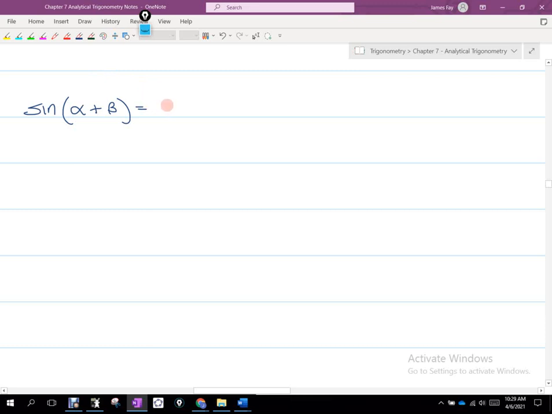Okay, so we rewrite that as sine of alpha cosine beta plus then cosine alpha sine of beta, right? When it's the sine function, it goes sine, cosine, sine, S-I-G-N, cosine, sine. Okay, alternates back and forth.